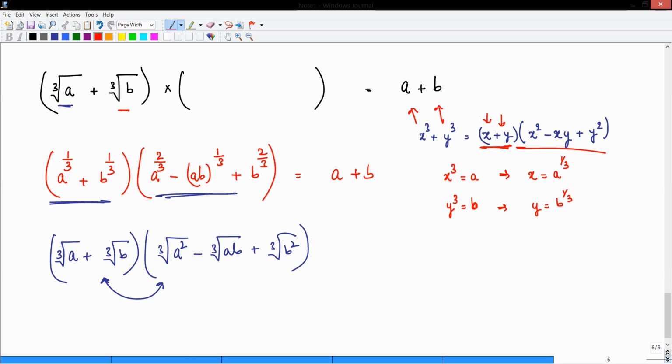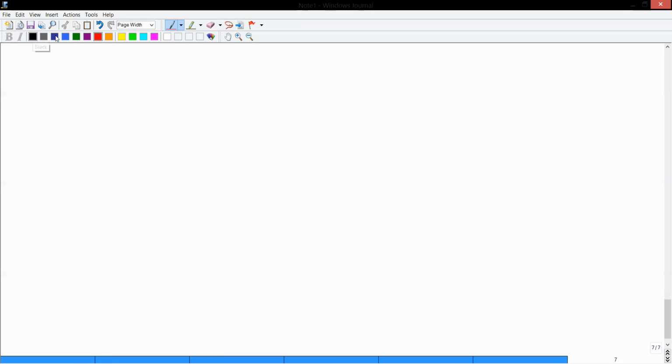A question asked, what is the rationalizing factor of cube root of 3 plus 1? I would simply say I'll compare it with cube root of a square, cube root of ab plus cube root of b square.